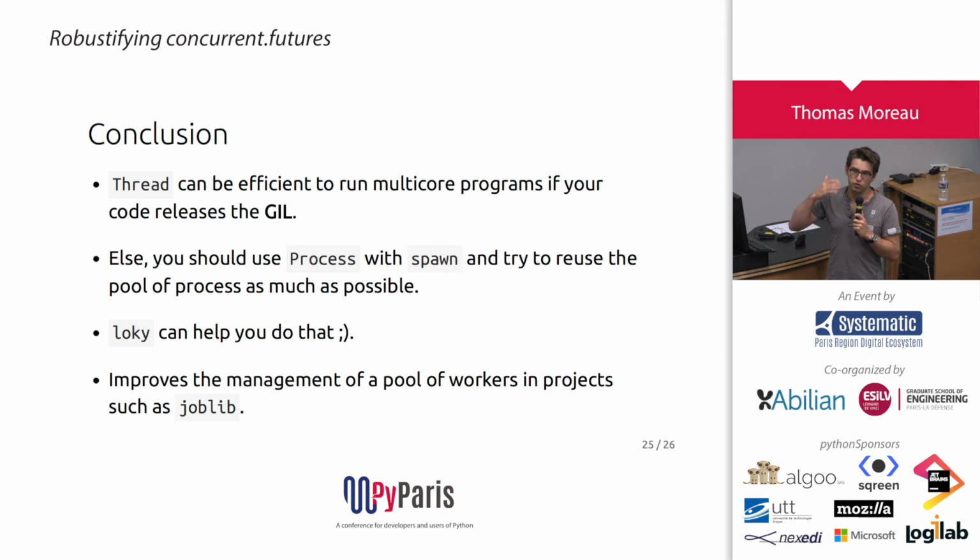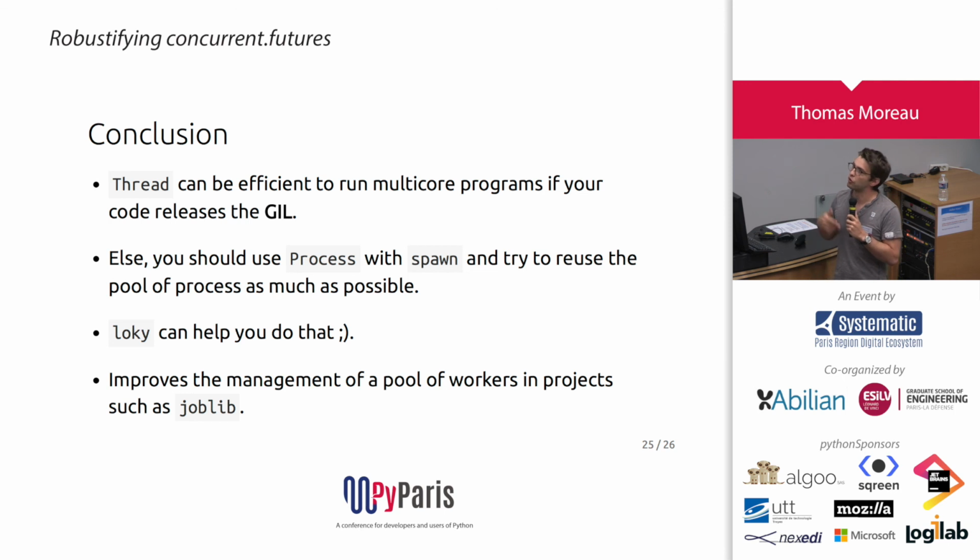If your code does not release the GIL, then you should try to use processes using spawn, so you avoid breaking the POSIX convention and avoid having some really weird behavior that will lead to buggy things happening to your users.